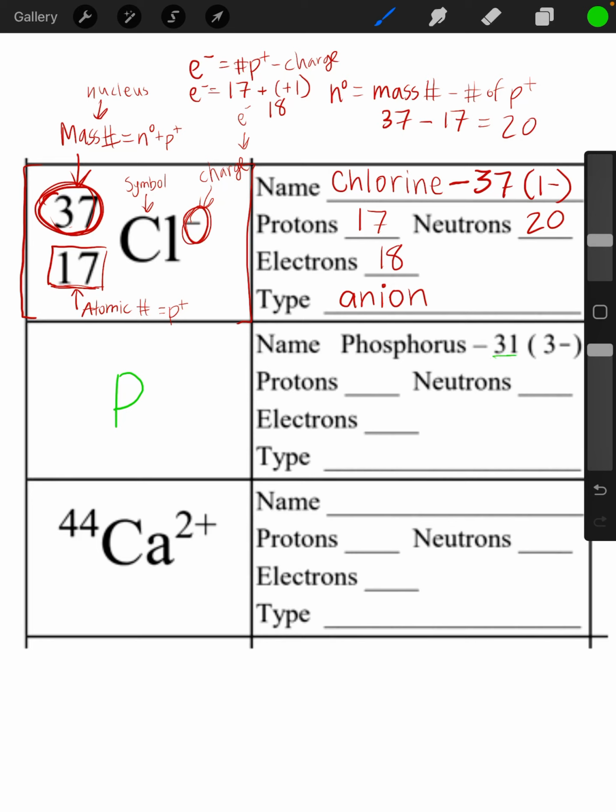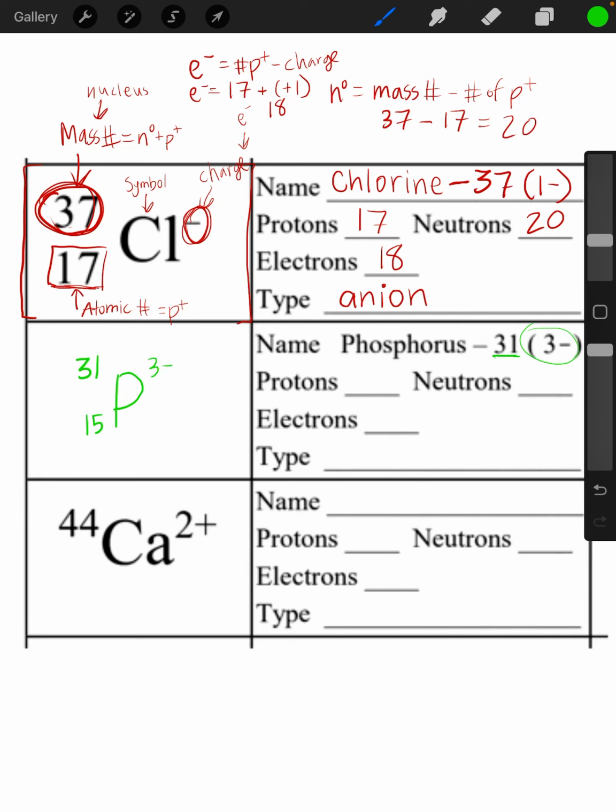Okay, this number that they give us is always going to be our mass number, so you're going to stick that up in the top left corner. And then you're going to refer to a periodic table, and you're going to find that phosphorus's atomic number is 15. And then we were given a charge right here in parentheses. It's going to be a 3-.